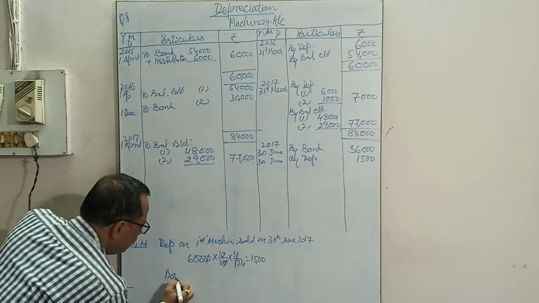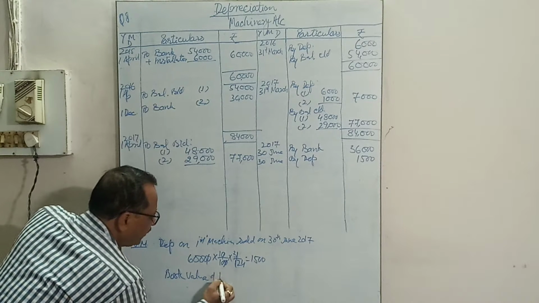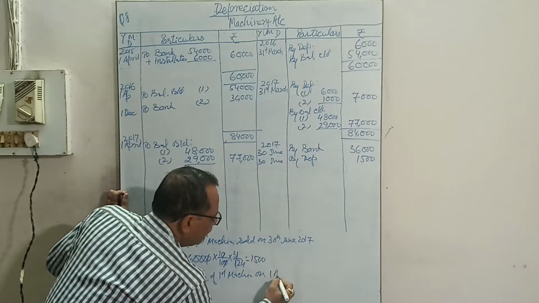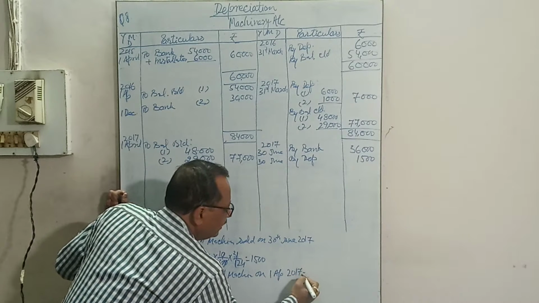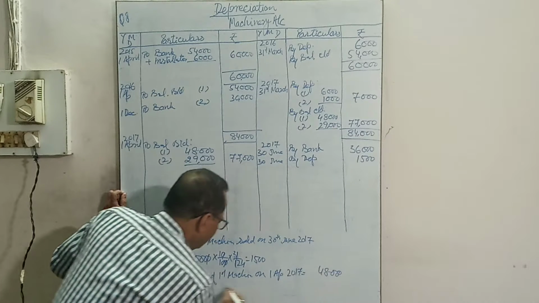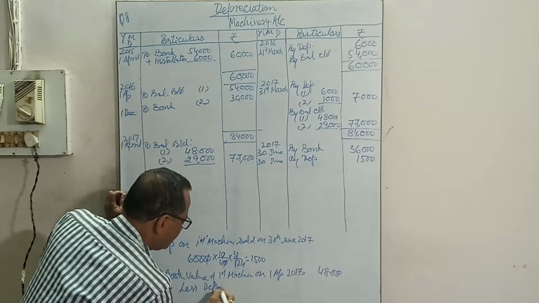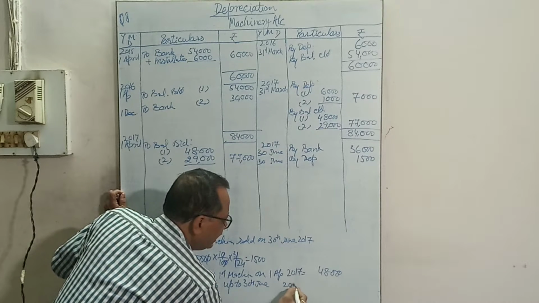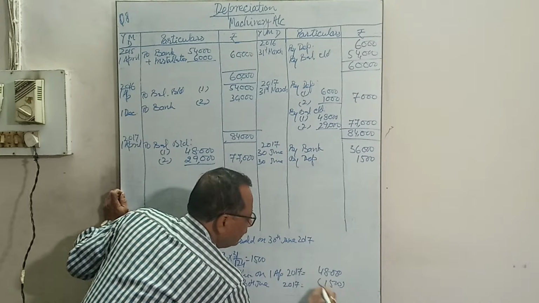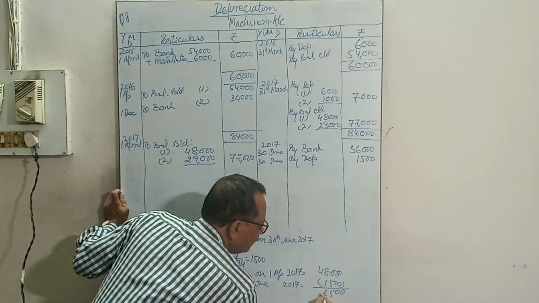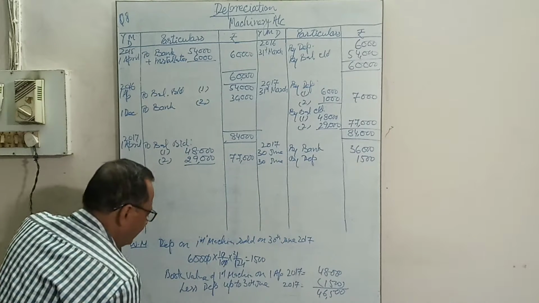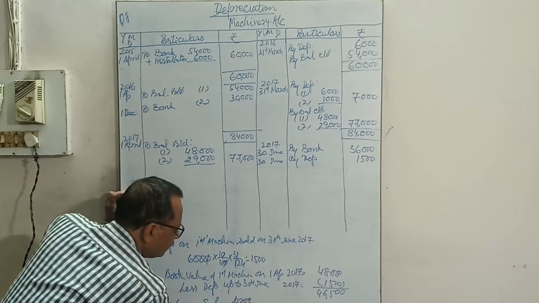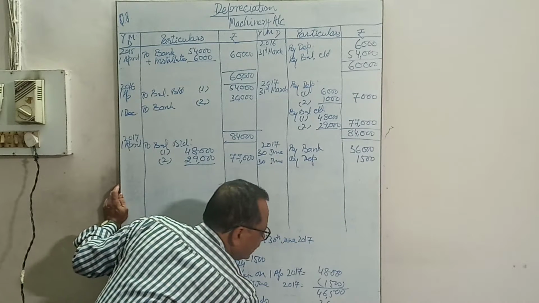Book value of first machine on 1st April 2017 is rupees 48,000, less depreciation up to 30th June 2017, 1,500, balance 46,500, less sale proceeds rupees 36,000.